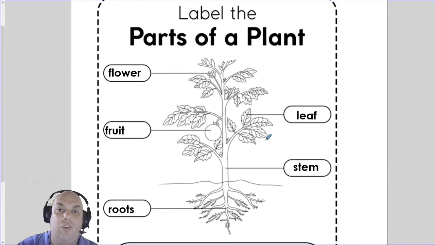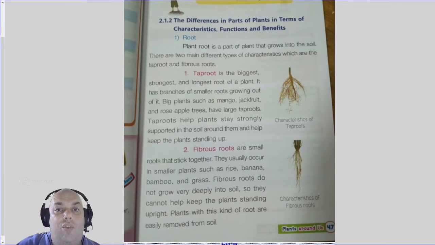Alright, good job. Now let's have a look at all the parts of the plant, one by one, and what they do. Okay, the first part of the plant we're going to have a better look at is the roots of the plant. So what do the roots of the plant do?